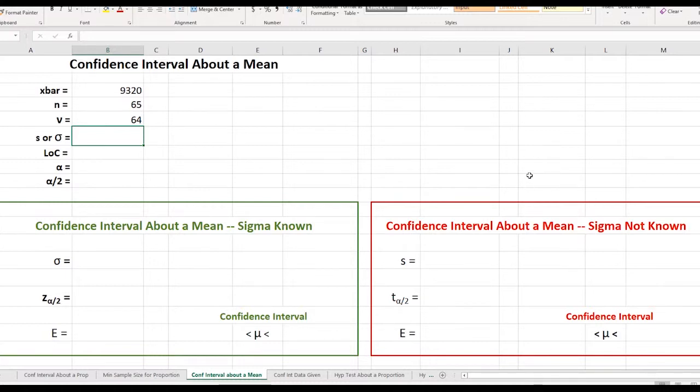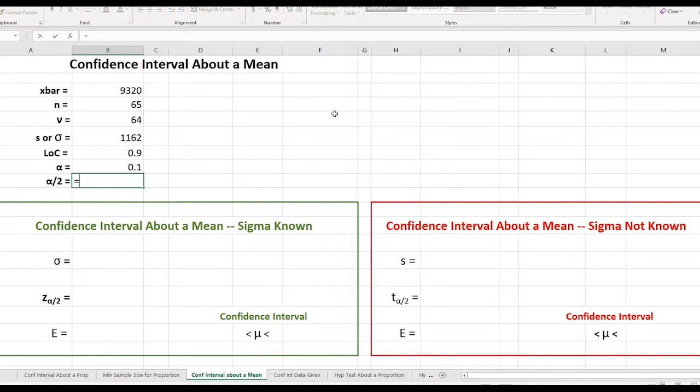And again, that's the calculation for nu, otherwise known as our degrees of freedom. S, or sigma, is 1,162. That, again, is just given to us in the problem, and it is given to us as sigma. My level of confidence is 0.90. Alpha equals 1 minus that, and we're always going to let our spreadsheet do that kind of work for us, so we only populate it with specific parameters.